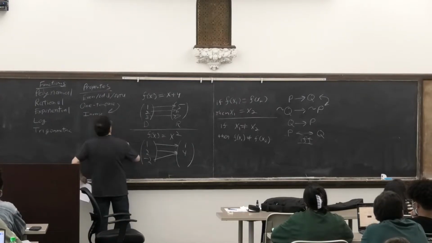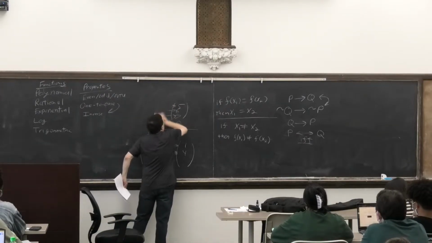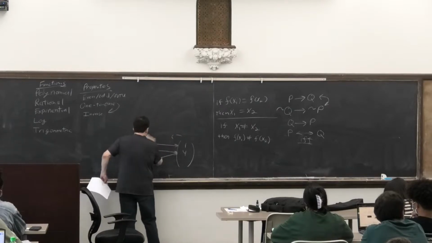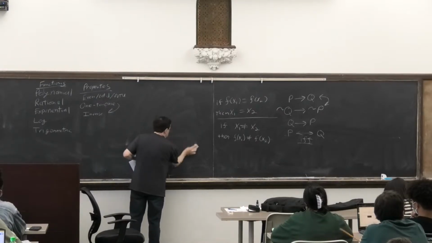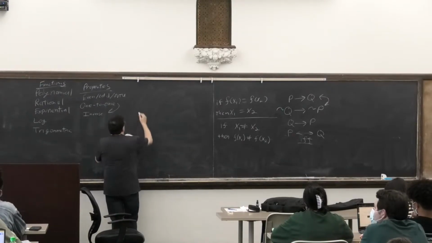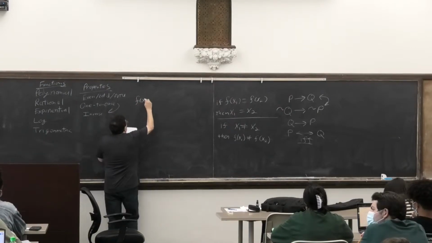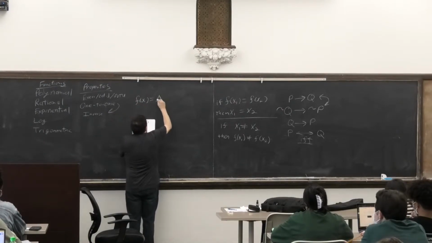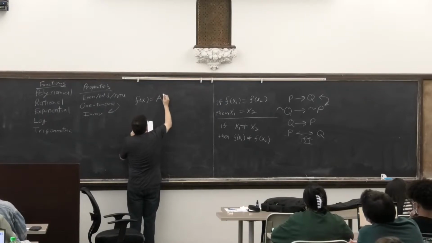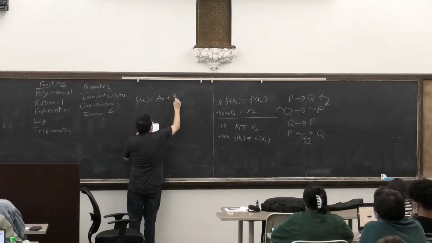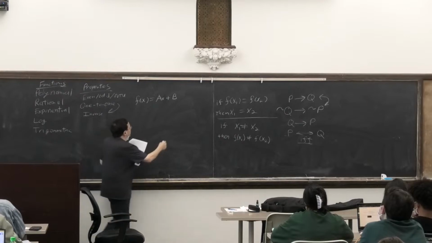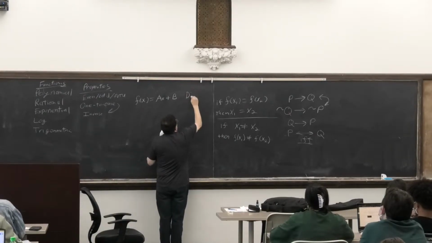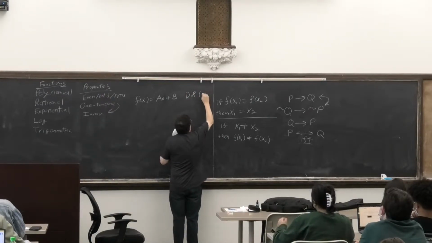Let's take a look at what might be a one-to-one function. f of x equals ax plus b, and the domain and the range here are all real numbers.